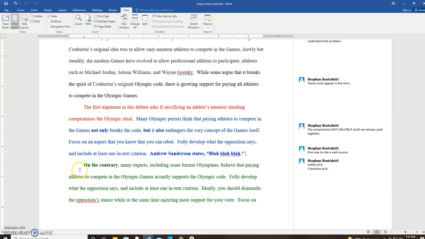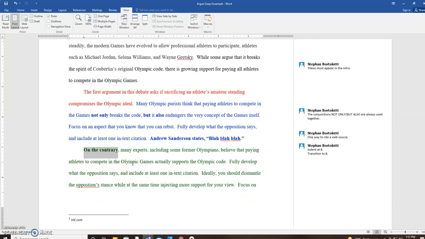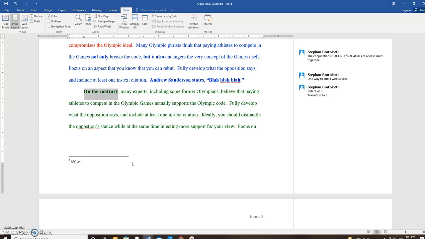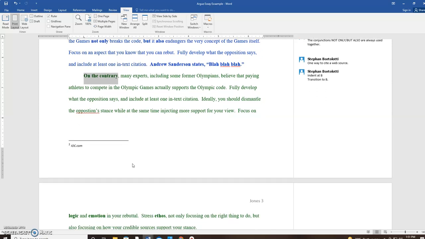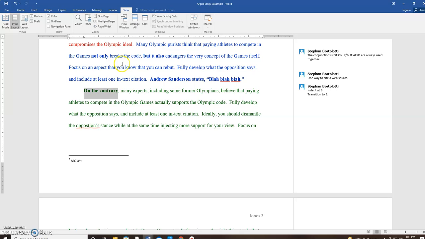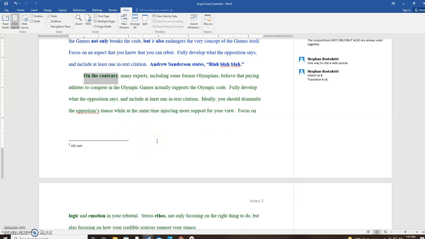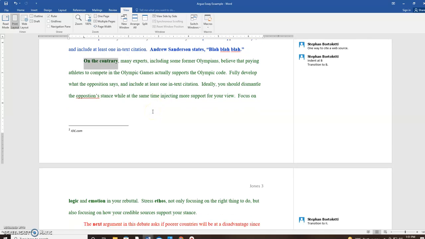When you move on to your rebuttal, start with the transition and then argue your case, focusing on the logic of your side, the illogic of the other side, the emotional appeal on your side, as opposed to the lack of emotion on the other side, and most importantly, the ethos in question, that it's the right thing to do. But also remember that ethos means the legitimate sources, the credible sources that back your stance.